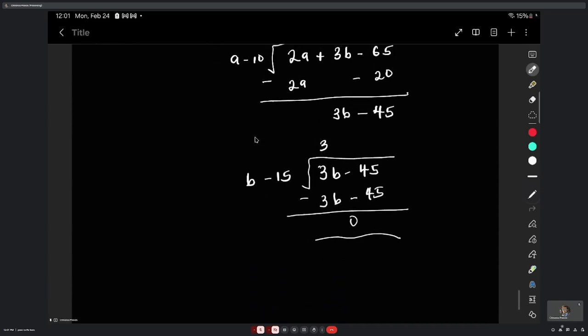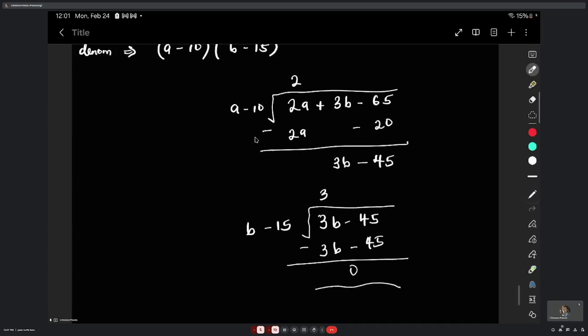Can we do this in math? Can we divide this way with two variables? I've not done it. Yeah, multiply now. Okay, good.